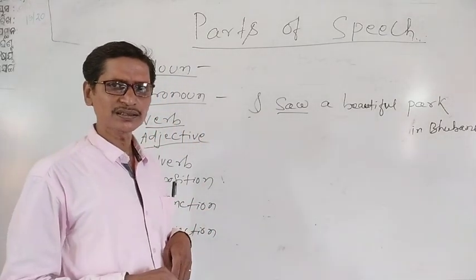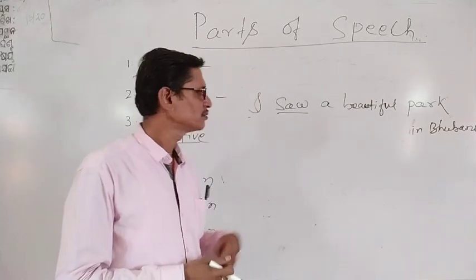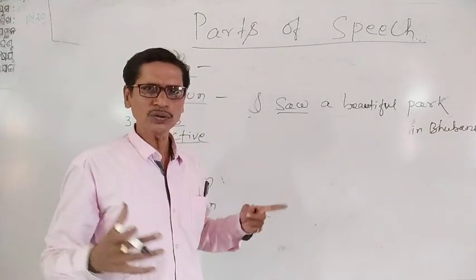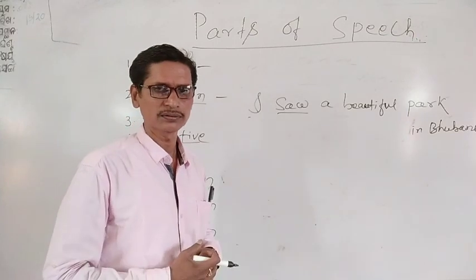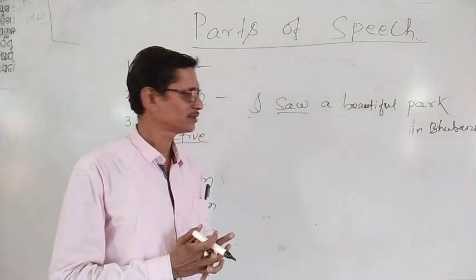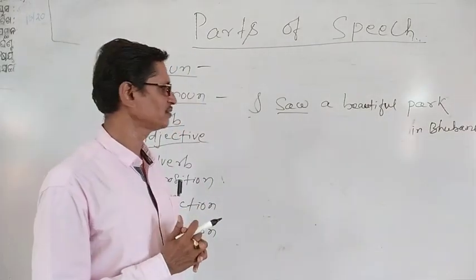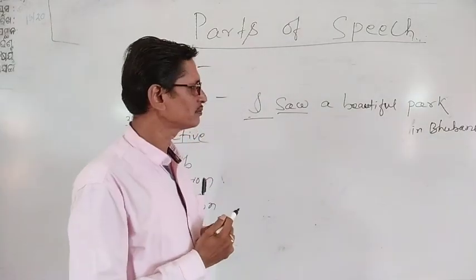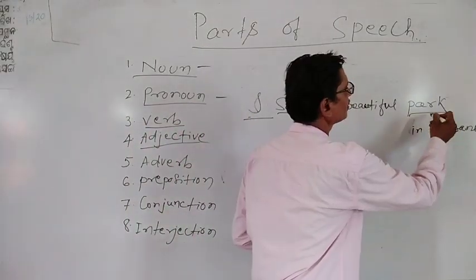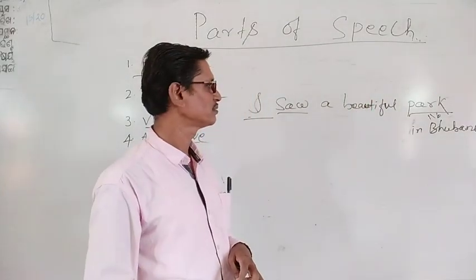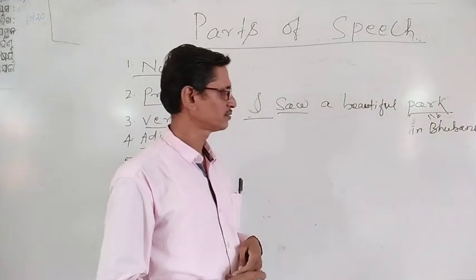Who is the subject? Who saw? I saw. What did I do? I saw. What did I see? A beautiful park. So here in this sentence, I is a pronoun, park is a noun used as an object.